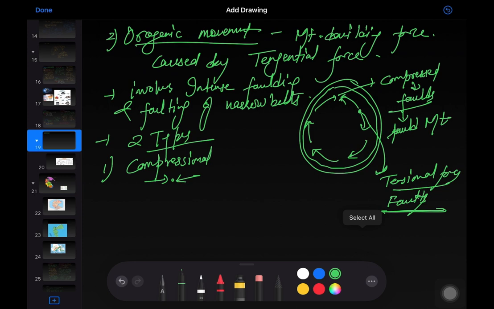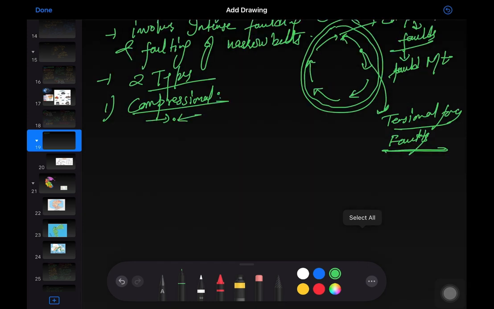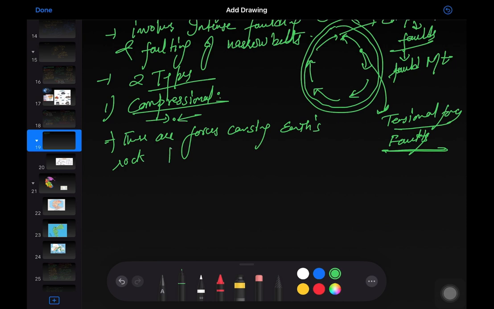This is compressional force. These are the forces causing Earth's rock to push or squeeze against each other and resulted into the formation of folds.